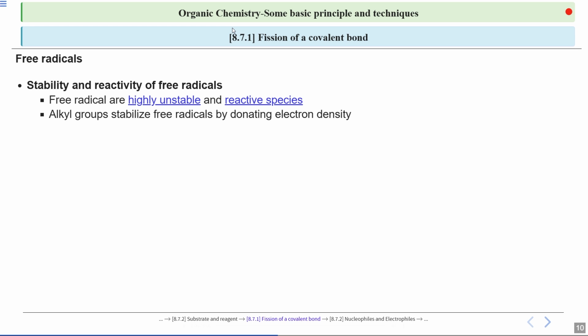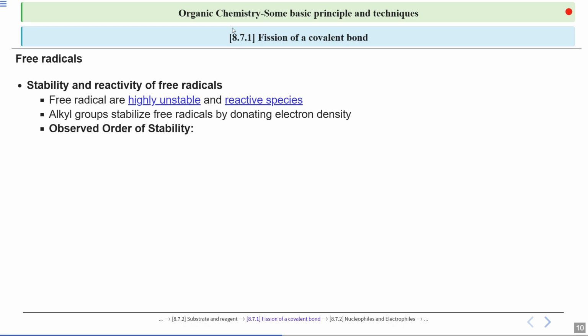See, the carbon that is a radical has a shortage of electrons. But if you attach methyl groups to it, then the carbon which has a shortage of electrons can get electron density from those alkyl groups and hence can be stabilized in a way.